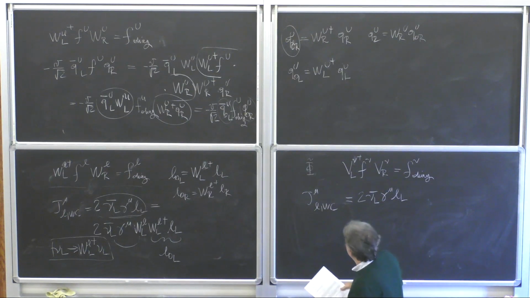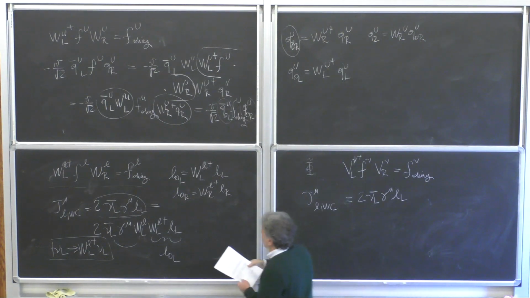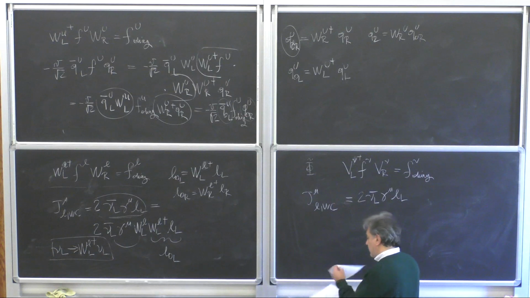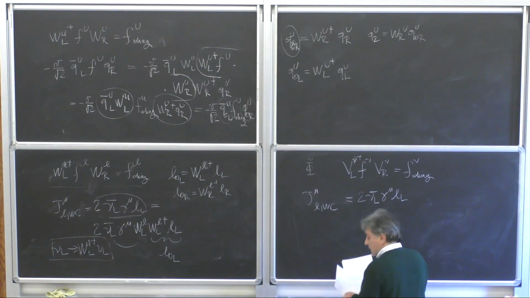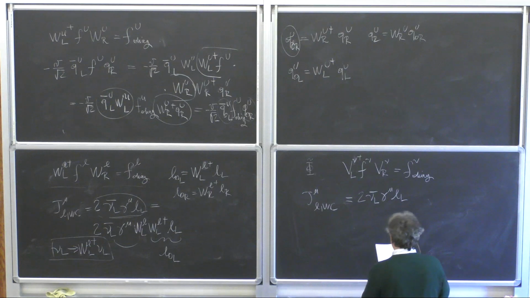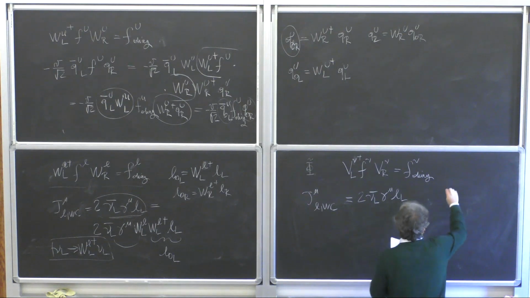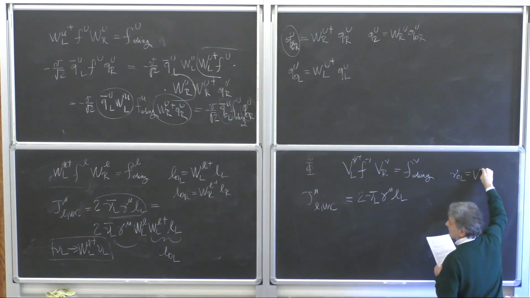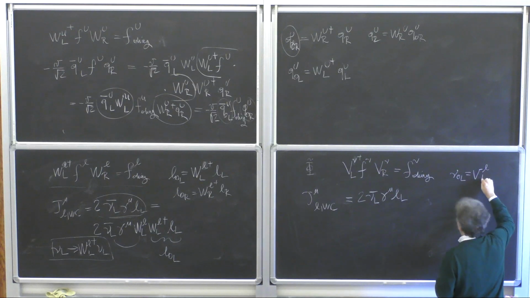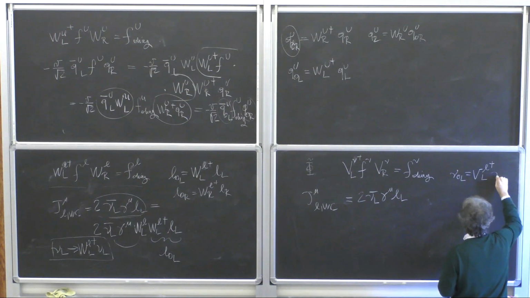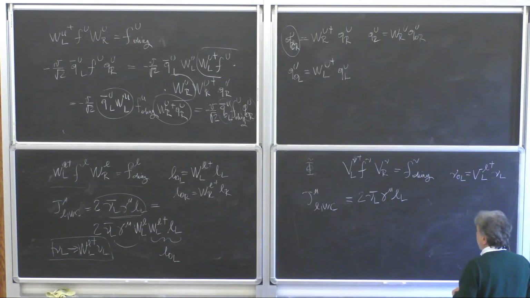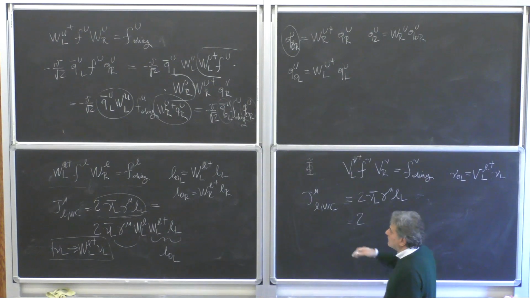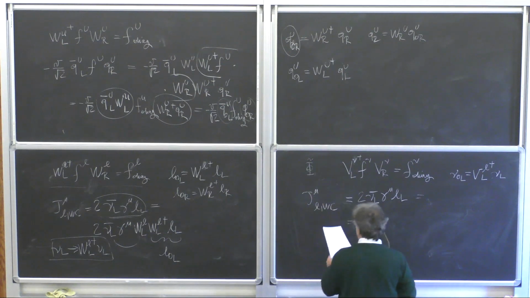Also for neutrinos we could write this new with V. So let's define nu 0 L equal to V L left dagger nu L, and insert twice the identity here, as we have done for quarks, for the up quark.